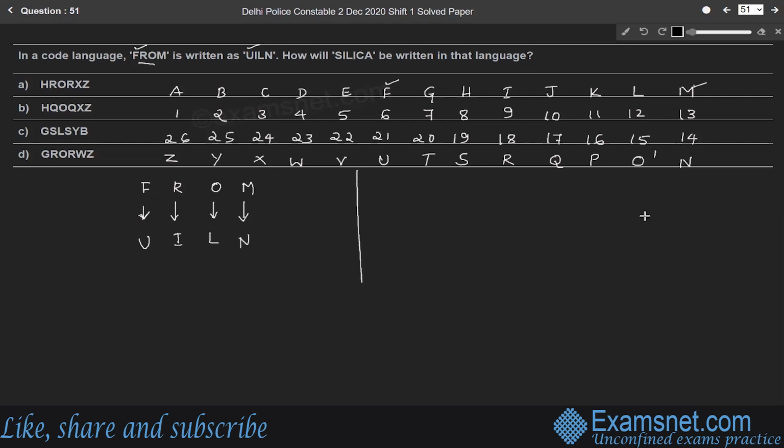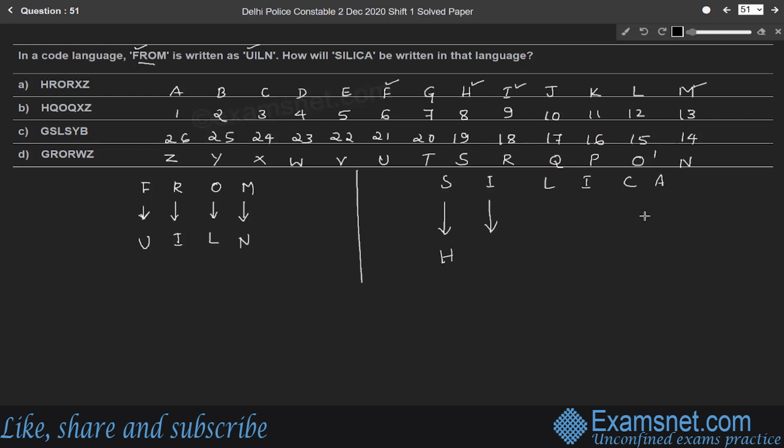So in the same way, SILICA: its opposite alphabet is H. S is coded as H.